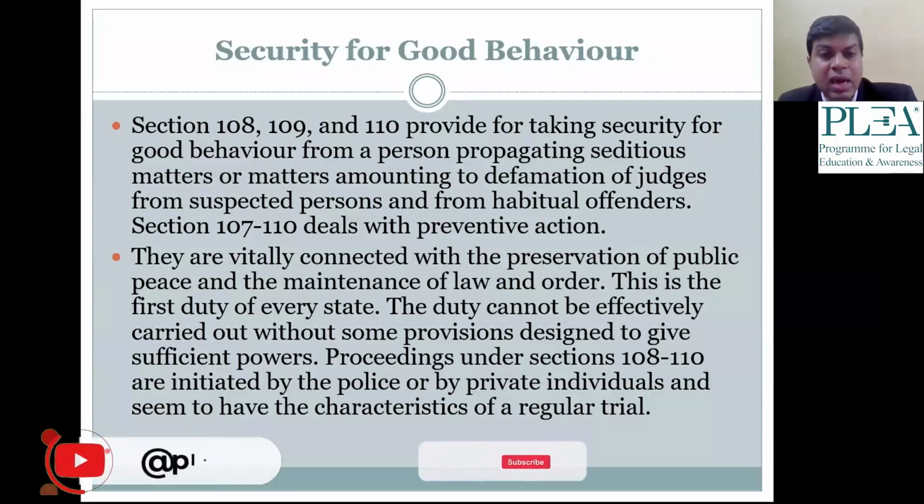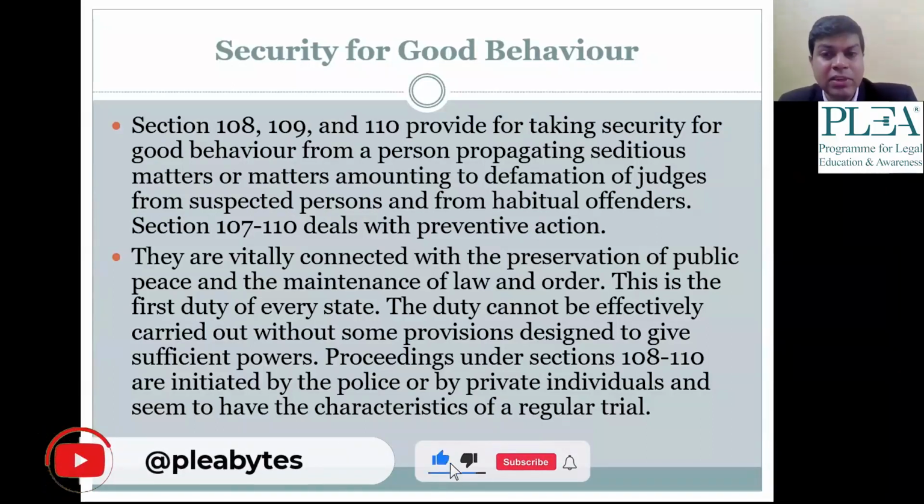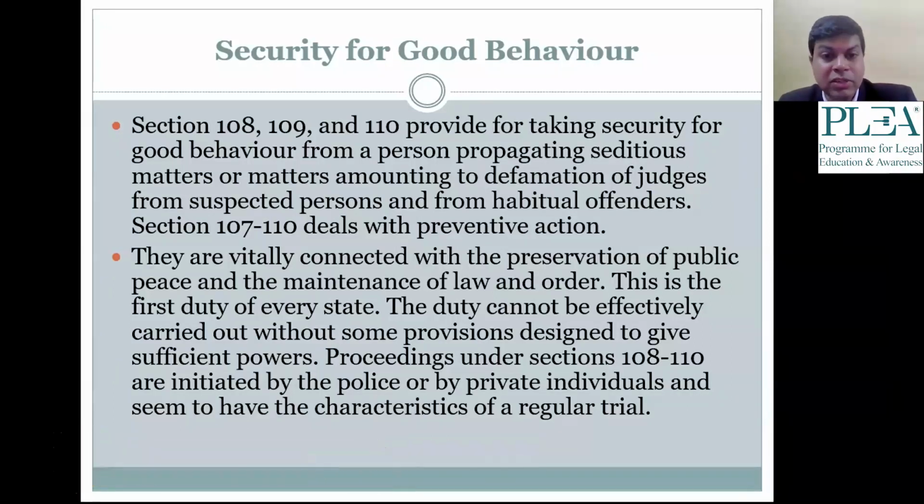They are vitally connected with the preservation of public peace and maintenance of law and order. This is the first duty of every state. The duty cannot be effectively carried out without some provisions designed to give sufficient powers.